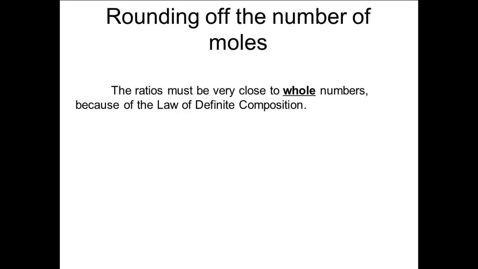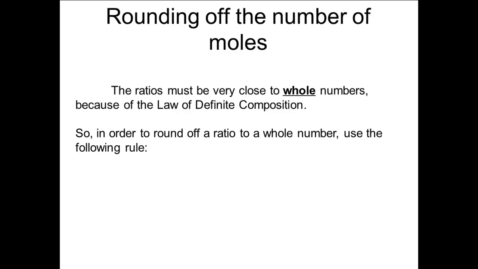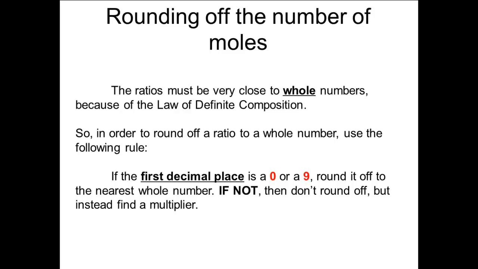How close? In order to round off a ratio to a whole number, use the following rule. If the first decimal place is a 0 or a 9, round it off to the nearest whole number. If not, then don't round off, but instead find a multiplier.